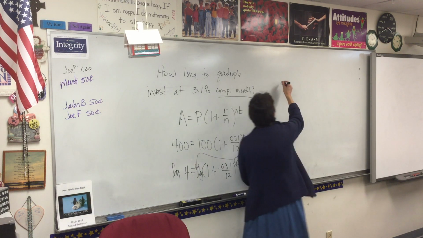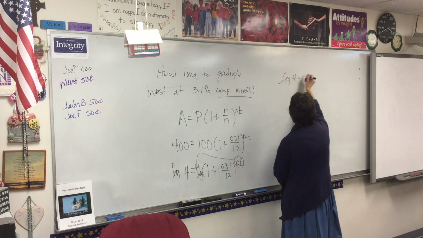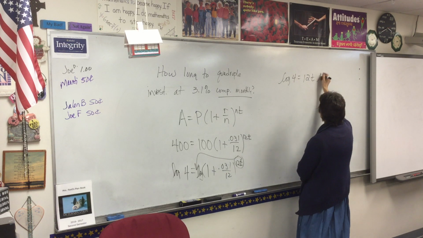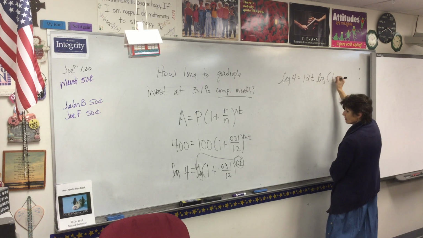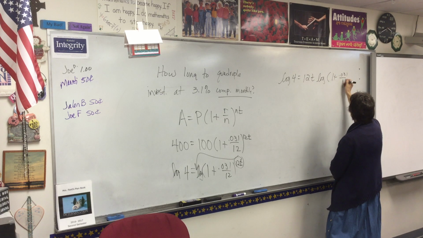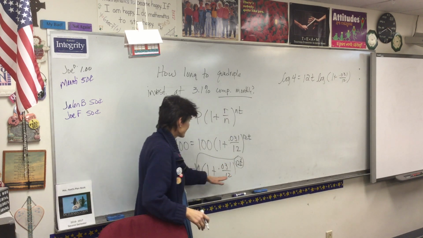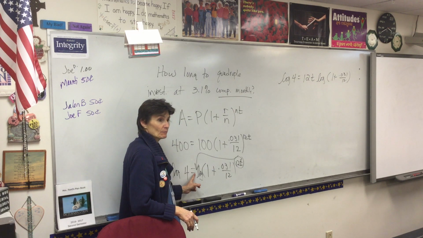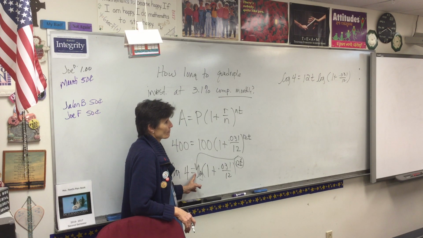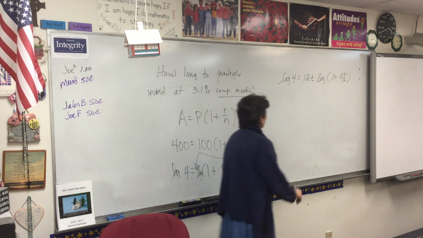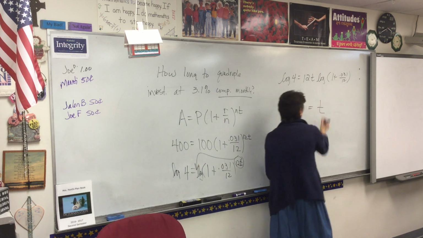So we'll have the log of 4 equal to 12t times the log of 1 plus 0.031 over 12. So it's just this with the 12t popped out in front. And then you divide. What am I looking for? I'm looking for t, right?